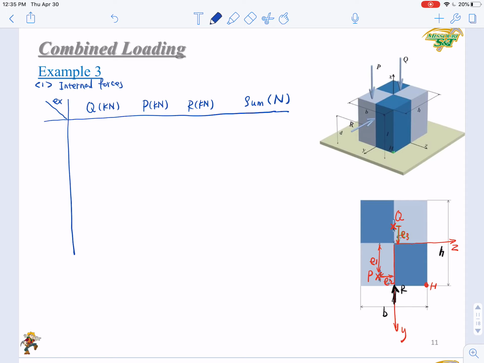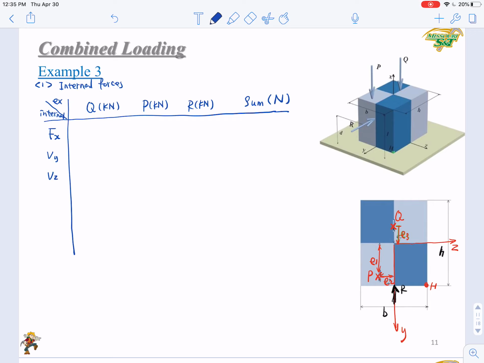Okay, and then we can see what internal forces we can have. Okay, we will have F, the axial force, the normal force. The normal force will be along x direction, Fx. And if it's along y and z directions, then we will call them shear force, right? So we use Vy and Vz to denote forces along y and z directions. How about the moment?